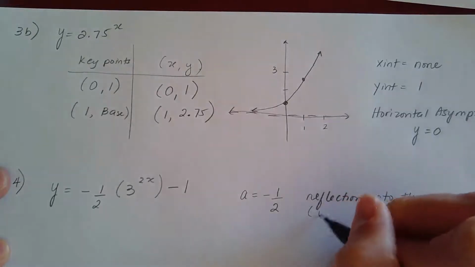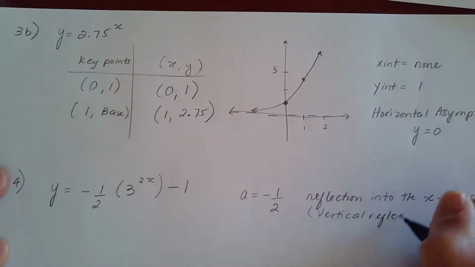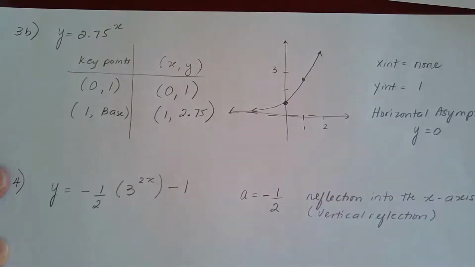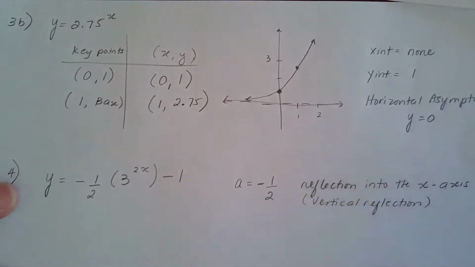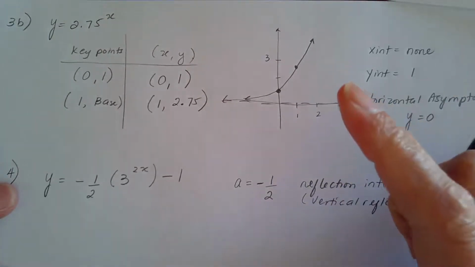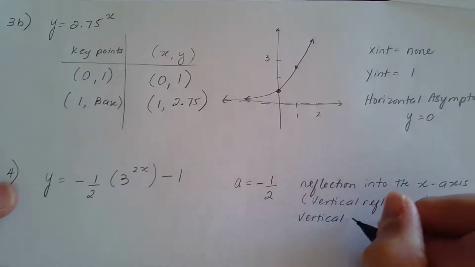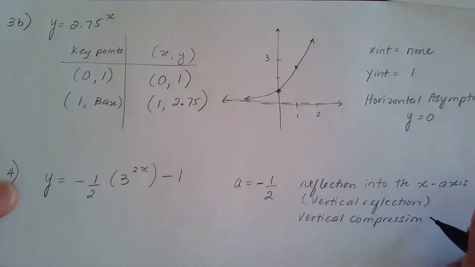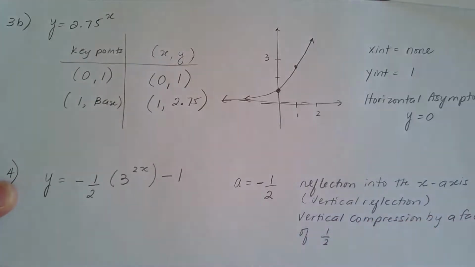That's our vertical reflection. So that's talking about the negative there. And then the 1/2 tells us there's also a vertical compression by a factor of 1/2.